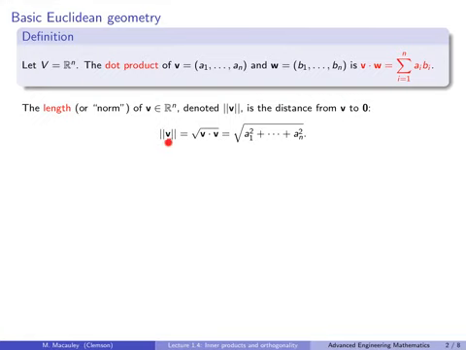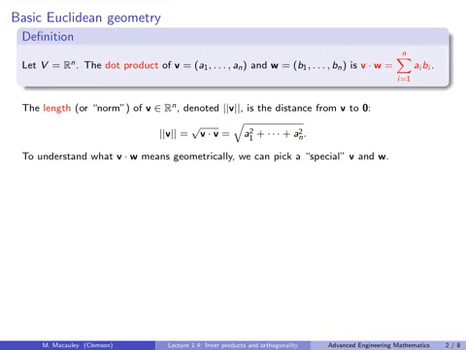The norm of v is the square root of v dot v, which is the square root of a1 squared plus a2 squared all the way up to an squared. This helps us connect the notion of a dot product with the notion of norm, but it doesn't really help us understand what v dot w means geometrically.